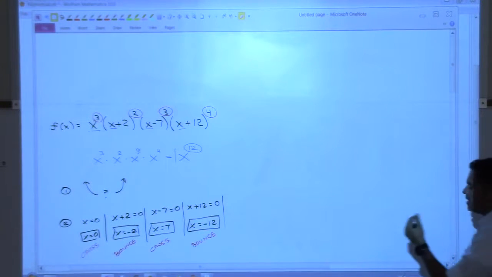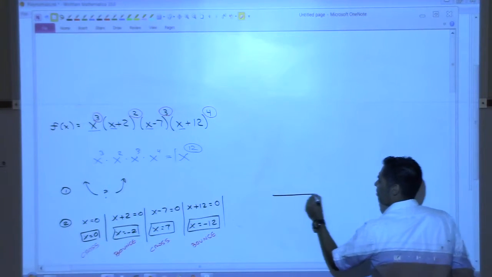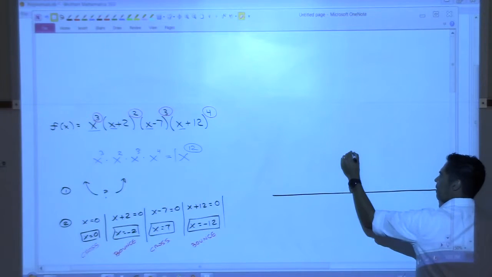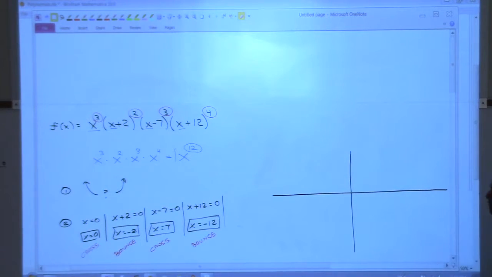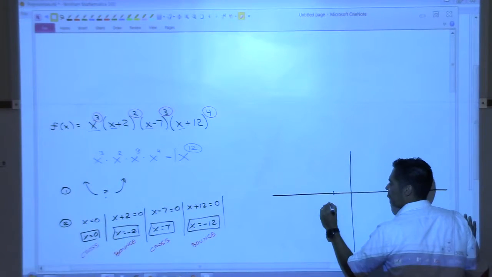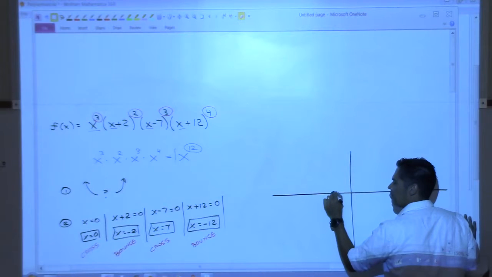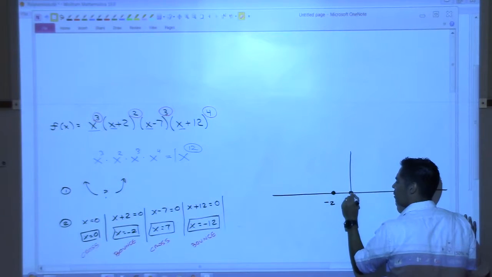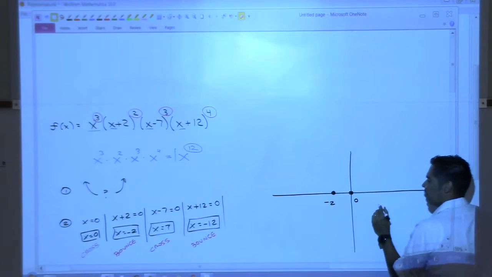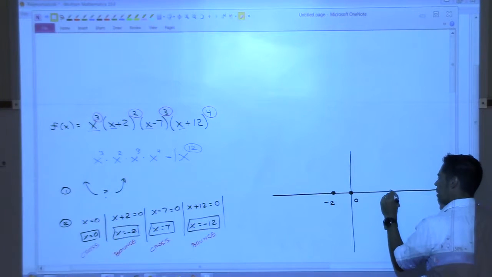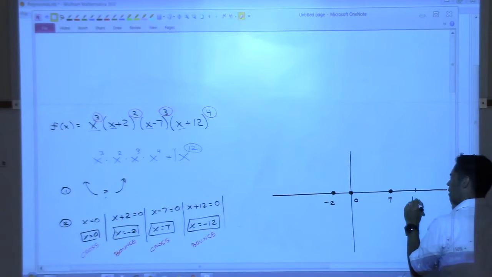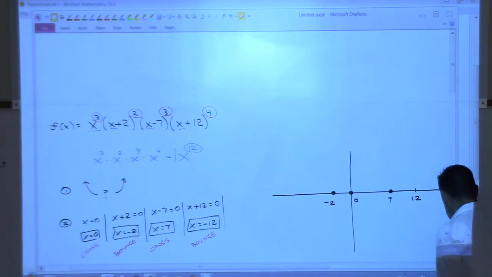And it's graph time. Put all your x-intercepts, negative 2, 0, 7, and, oh, oops, negative 12, not positive 12.